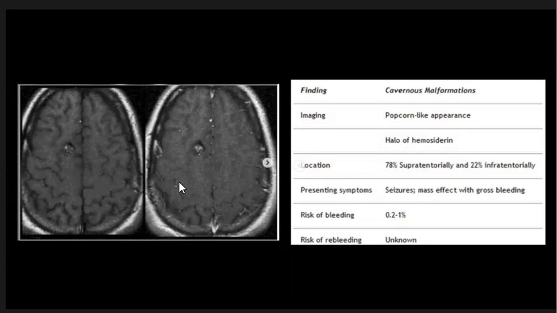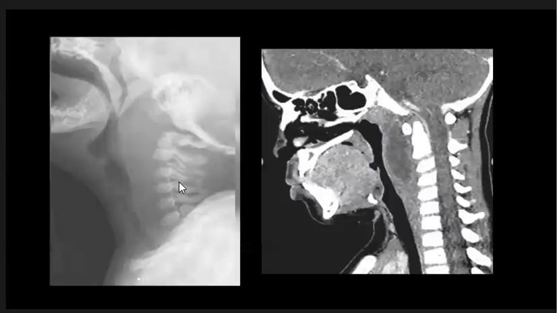cavernous malformation, retropharyngeal abscess, as we see here.